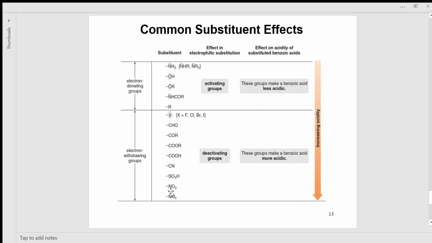I always want to pull electrons towards myself because I'm positively charged. I want to get electrons to neutralize my positive charge. That's why this nitrogen is a very, very strong electron withdrawing group.